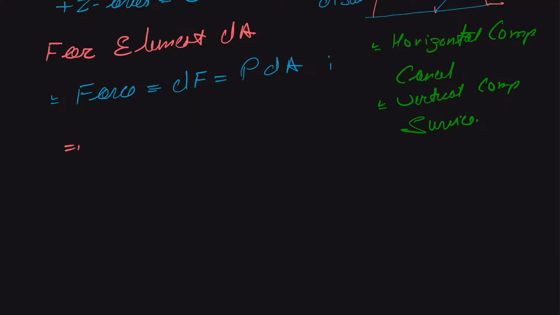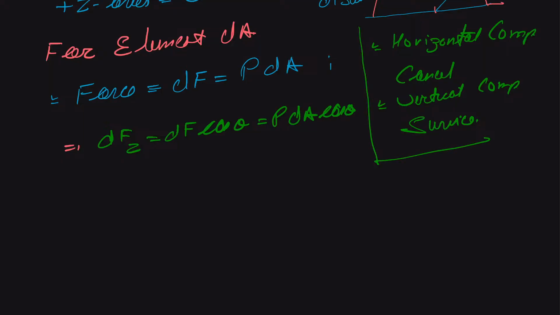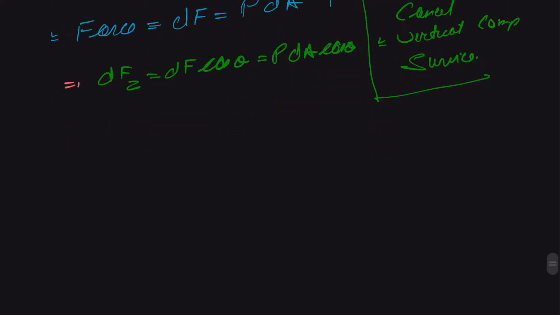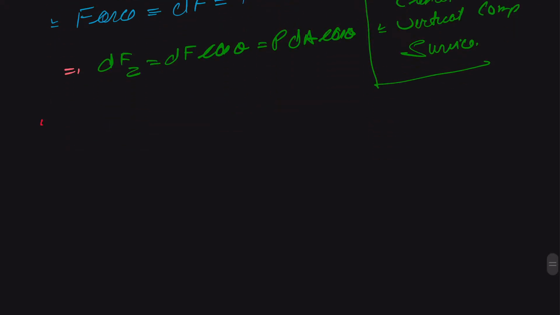Thus, we can write that dF z will be equal to dF cos theta, and dF we can put as P dA, and we have cos theta. And like I said, phi is our azimuthal angle and theta is our polar angle.